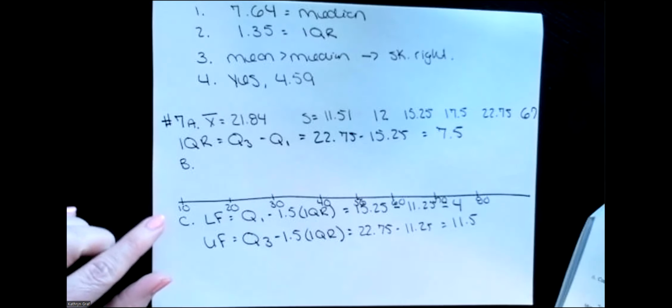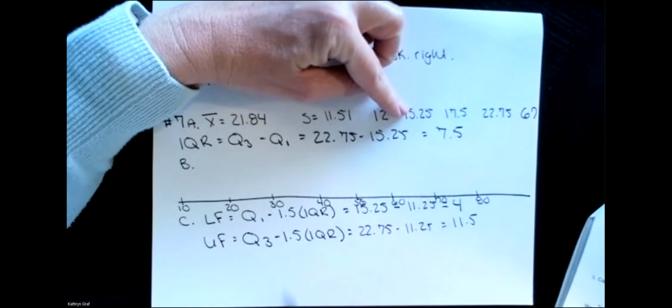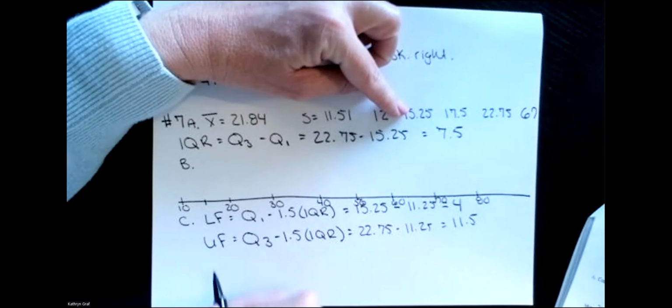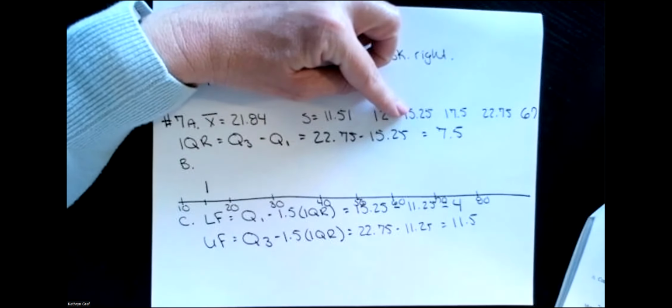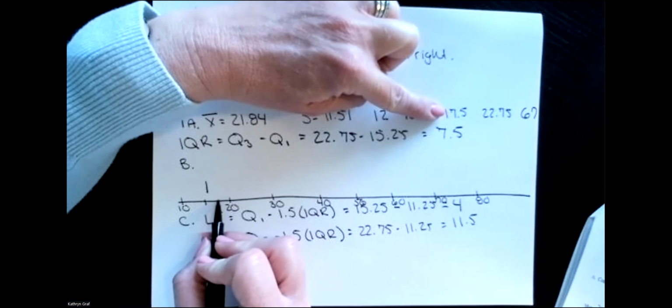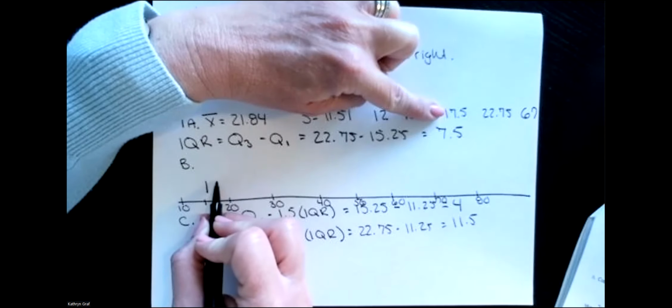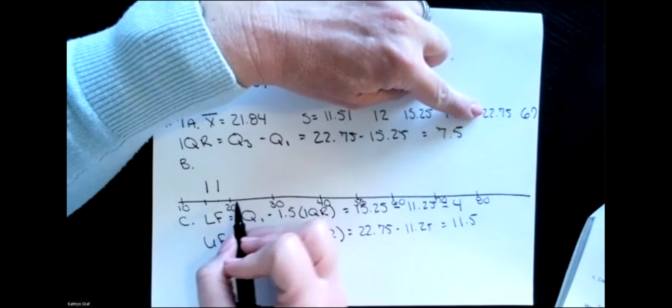Okay. All right. So here I'm going to put 15.25. So 15 will be right here, right? So 15.25 is just a little hair above that. And then I have 17.5. So 17.5 would be right in between the 15 and the 20. So that's right here. And then 22.75.